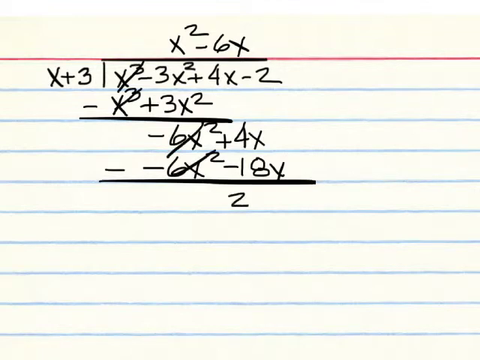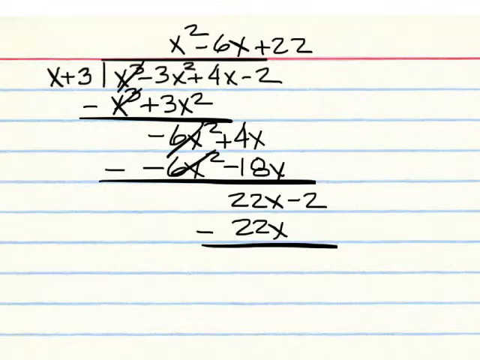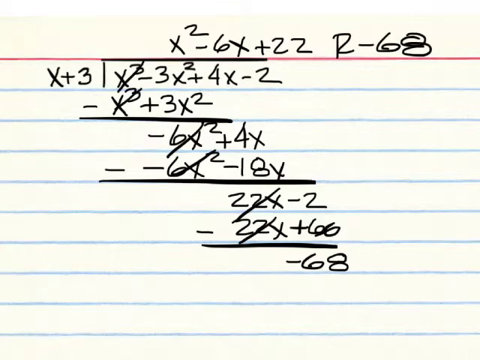Cancel, and you'll have 22x. Drop the minus 2. This should give you a 22 here, and then 22x plus 66. Cancel, and you should have a negative 68 left over.